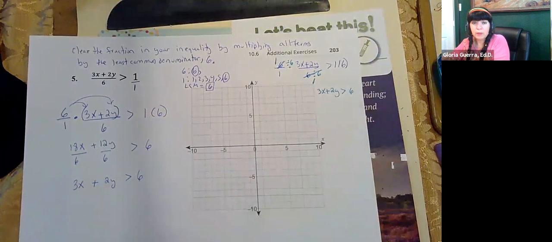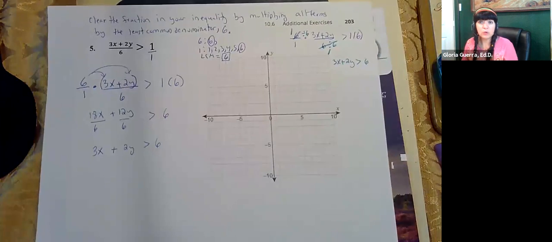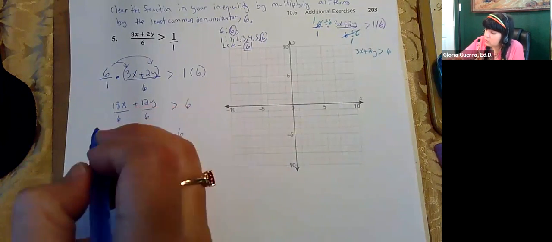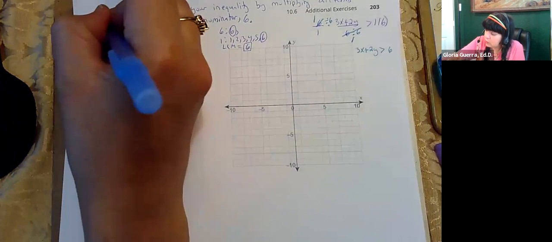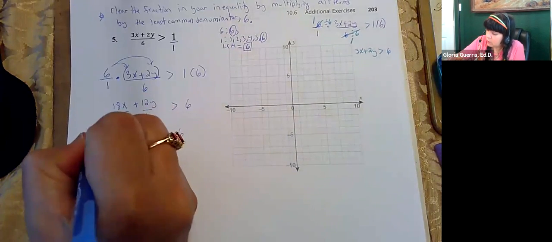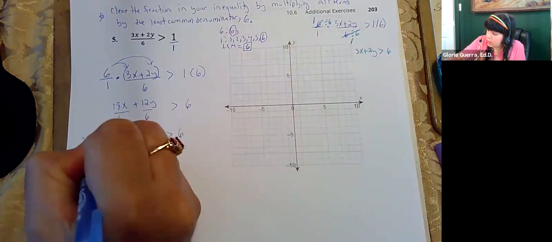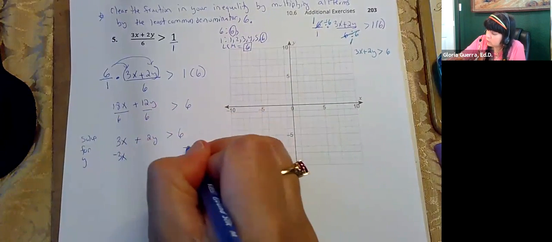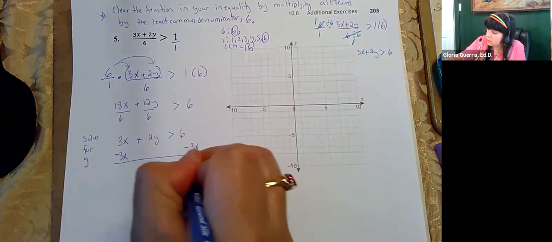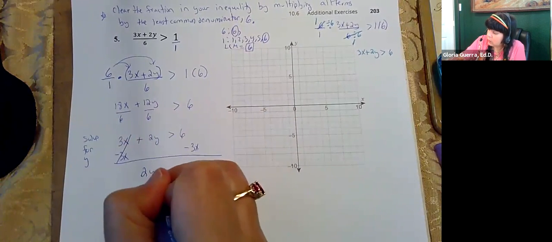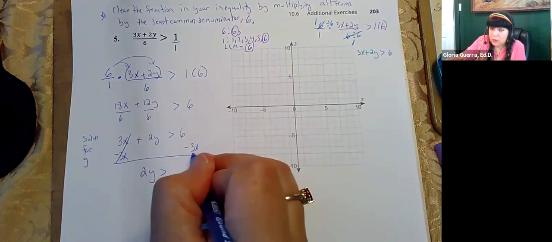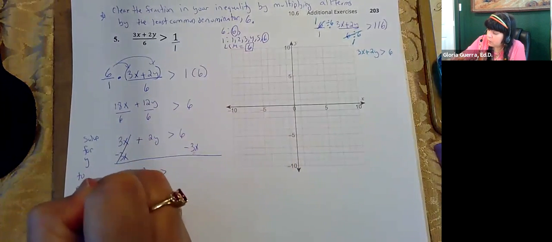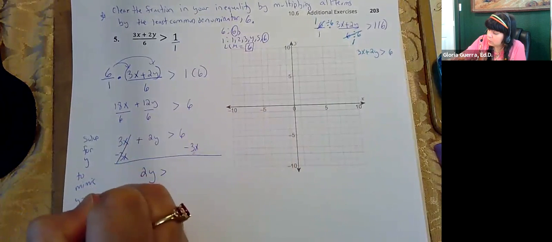See that? So we get the same thing. And remember, your goal is to solve for y. Now that you cleared your fractions, that's the first thing. Clear your fractions. Now your goal is, remember, to solve for y. So I'm going to subtract 3x on both sides. And remember, you want to mimic y equals mx plus b.